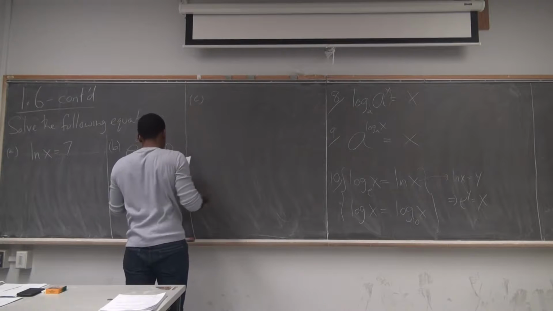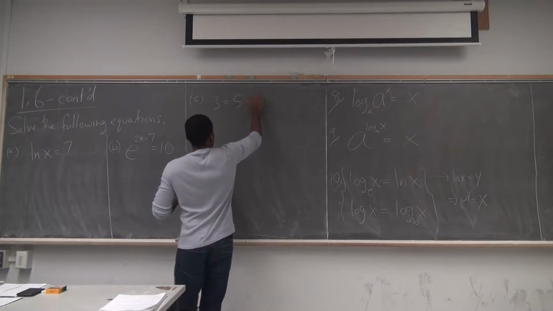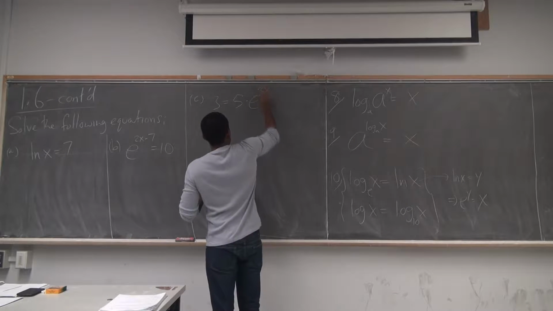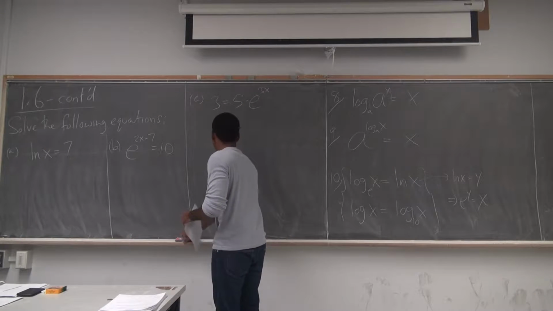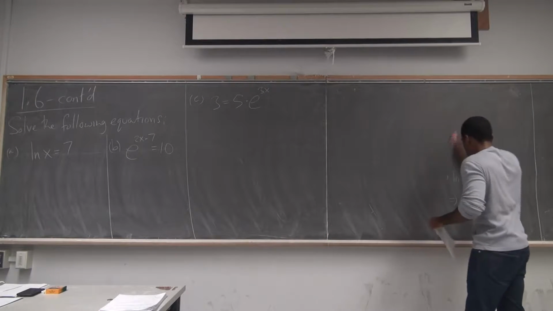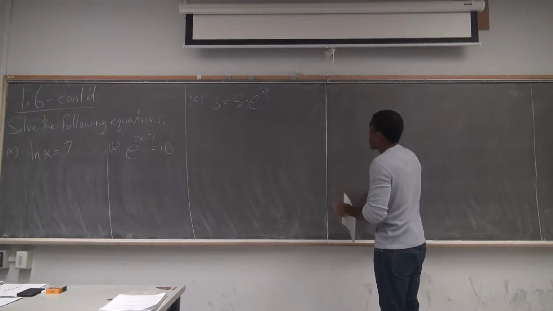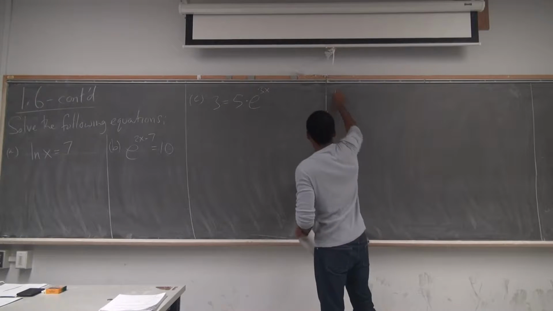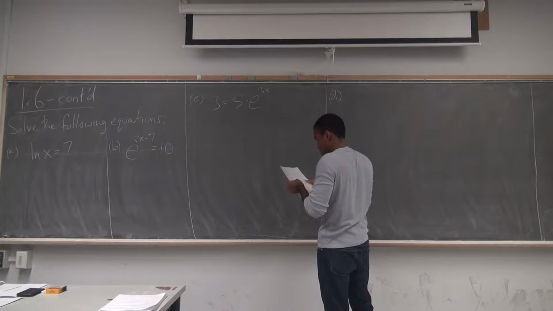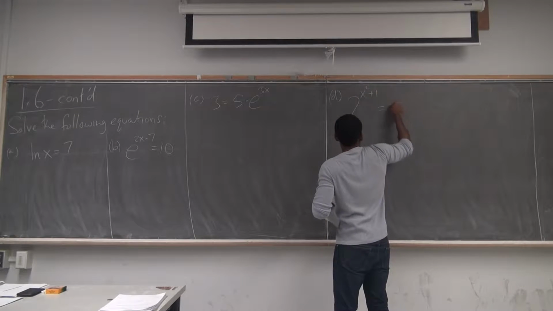Let's see. 3 equals 5 times e to the 2x. e to the x squared plus 1 equals 5.